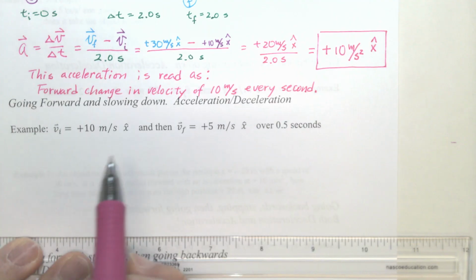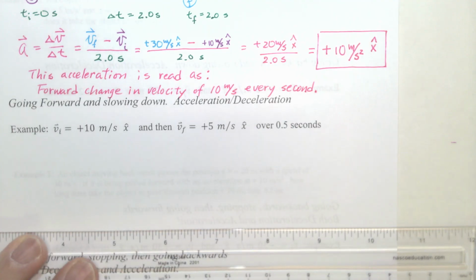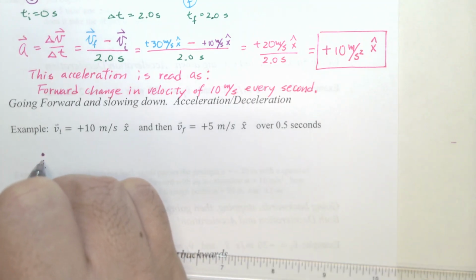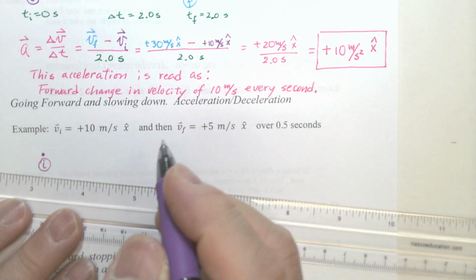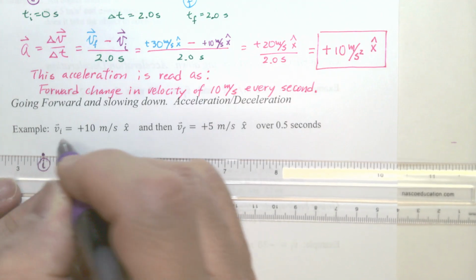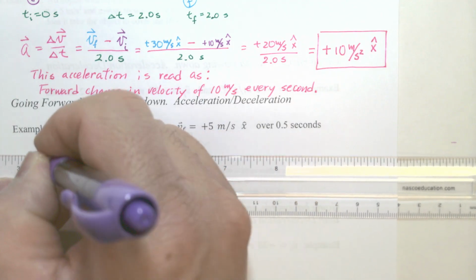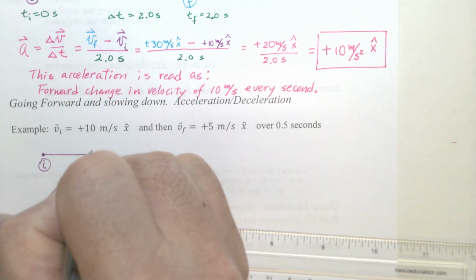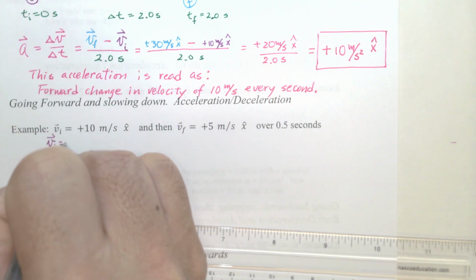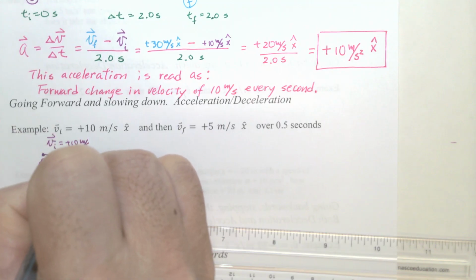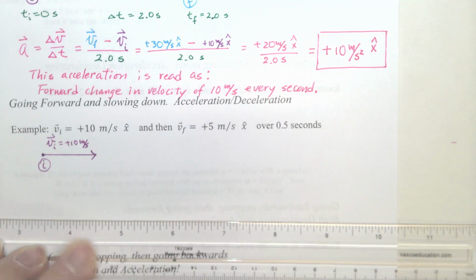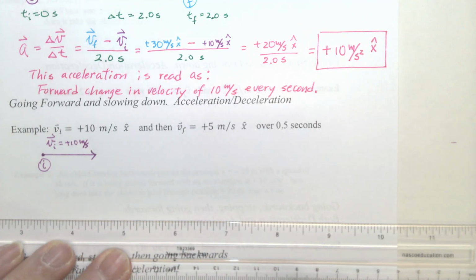So, here's our initial condition, where we're traveling at 10 meters per second in the positive direction. All right, so your v initial is equal to positive 10 meters per second, of course x hat, because we are going in the positive x direction.